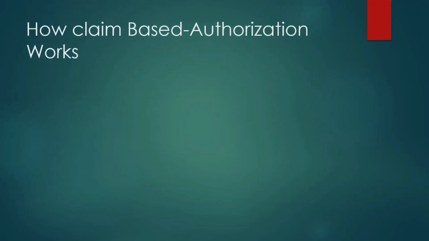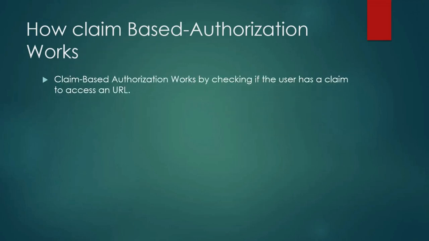So the next thing is we need to see how claims-based authorization works in ASP.NET Core. Claims-based authorization works by checking if the user has a claim to access a URL. So when you use claims-based authorization, what you usually check is if the user has the claim. And remember what we have said about the claim: it is about the first name, the gender, the middle name, the last name.